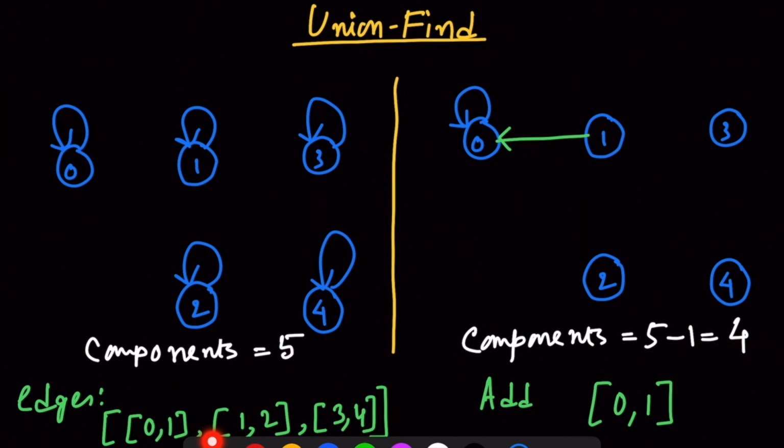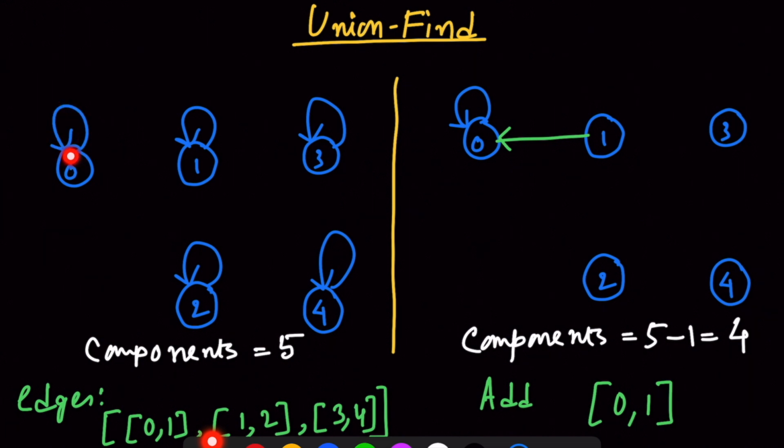Now let's come to the union part, how we are doing the union. The parent of 0 is 0 itself, and the parent of 1 was 1 itself. Both were separate components. How do we decide if two nodes belong to different components or the same component? It's basically by the parent.